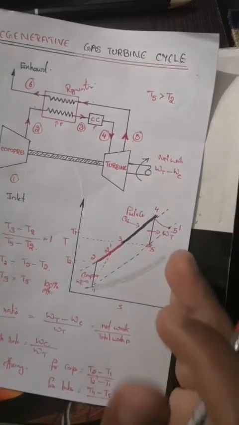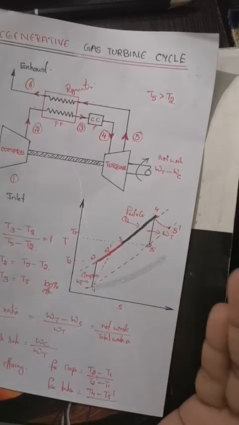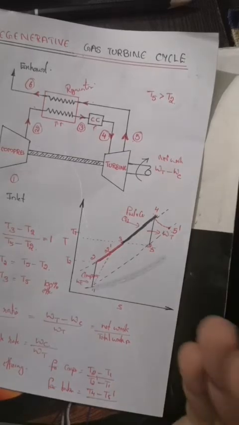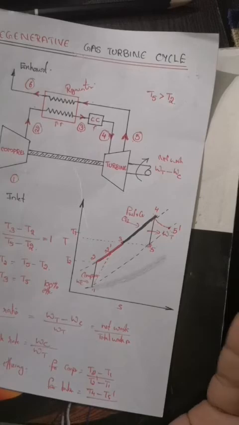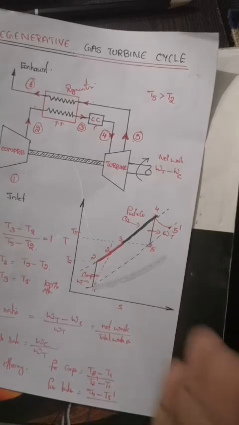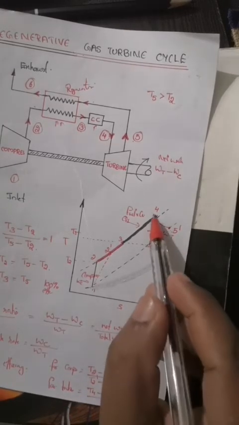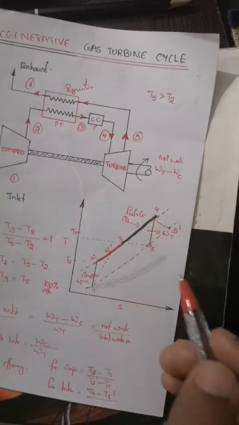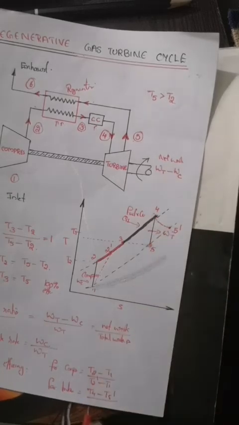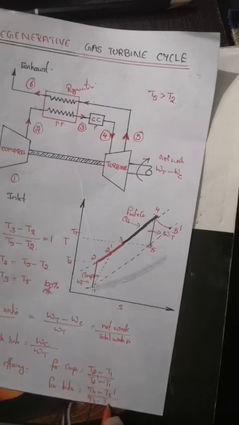We are considering the enthalpy for energies, and if we consider the Cp value for both air and fuel as the same and neglect the masses, then mCp dT represents the enthalpy value. That's why I am using just temperature values. So for the turbine we define the isentropic efficiency as T4 minus T5 dash divided by T4 minus T5.